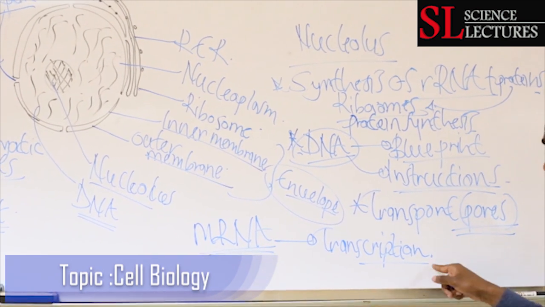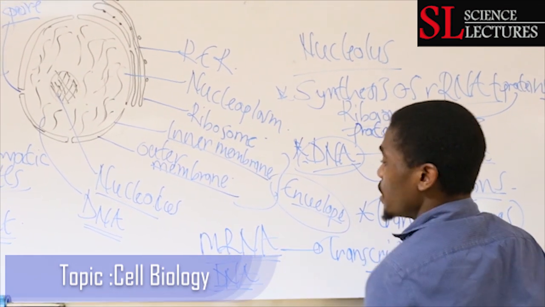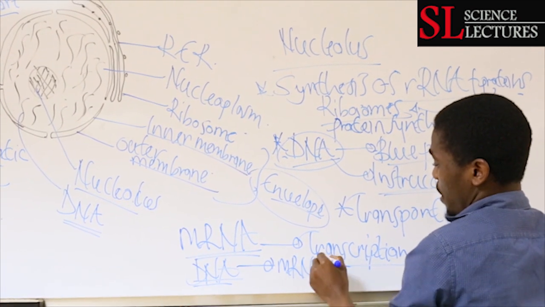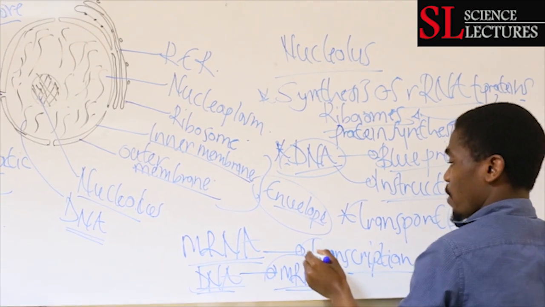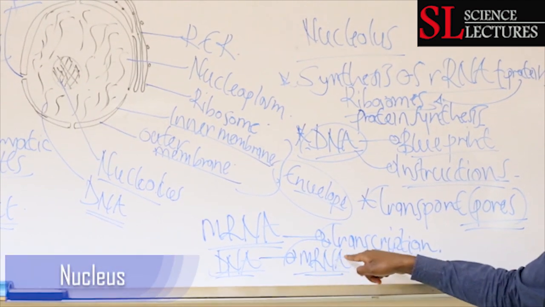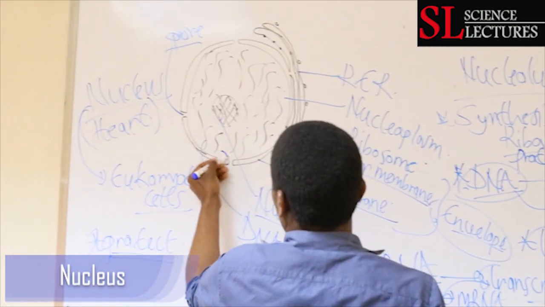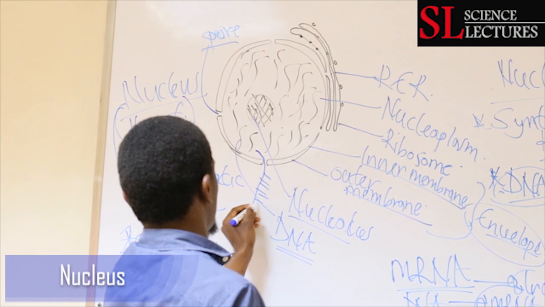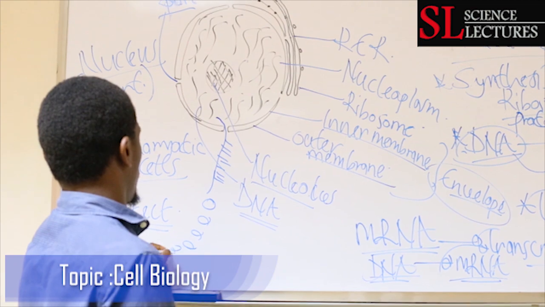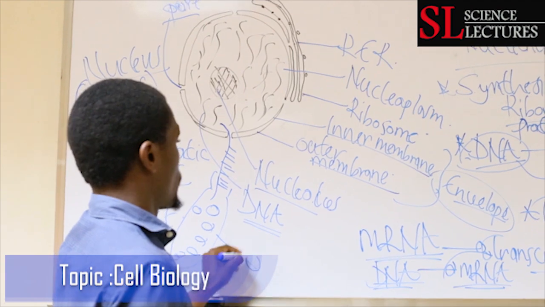So what happens in transcription? We have DNA in our nucleus, and this DNA is converted to messenger RNA. This process is what we call transcription. It leads to formation of single-stranded messenger RNA, which is transported via the nuclear pore outside the nucleus, where it finds the ribosomes, and together they undergo protein synthesis.